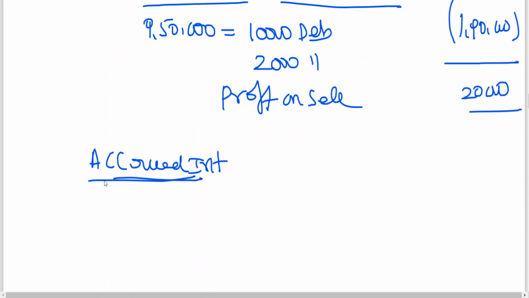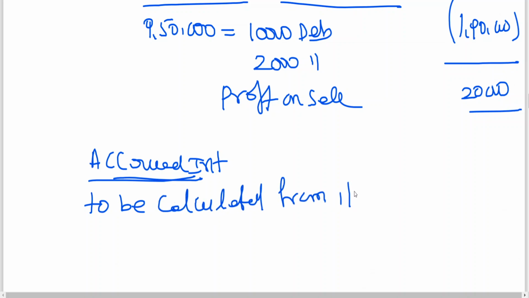Accrued interest has to be calculated from 1st July, because the last date was 30th June, no? So 1st July to 1st September 19.